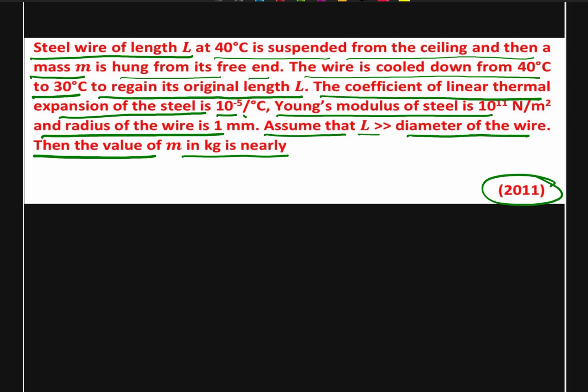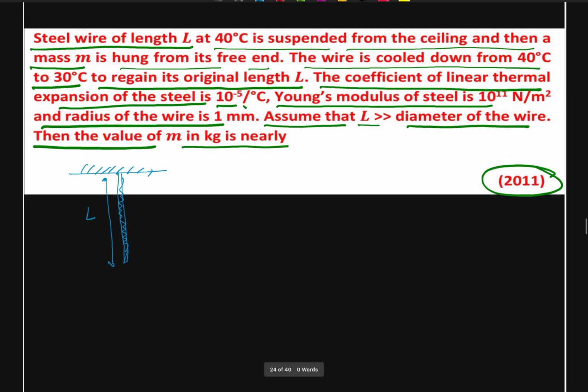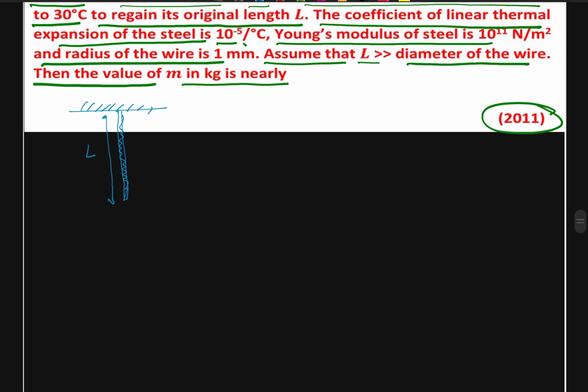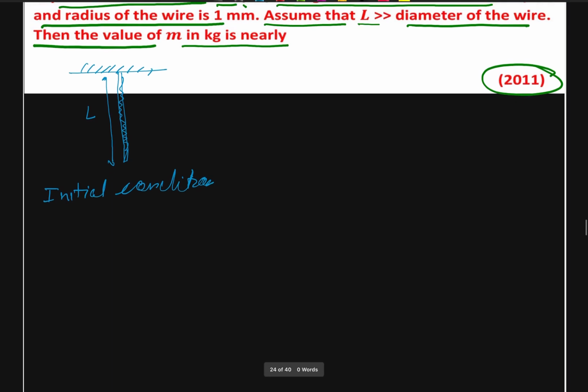In the first part, we have our wire whose length is given as L. In this condition, which we can call the initial condition, there is no mass attached to it, and the length is L and temperature is 40 degrees centigrade.